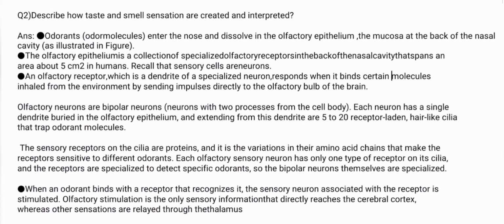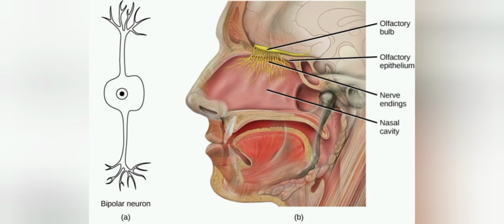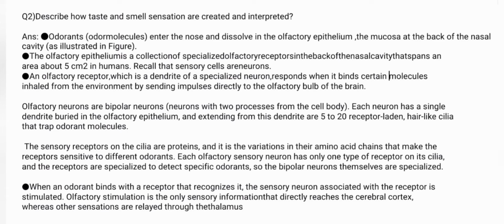The second exercise question is to describe how taste and smell sensations are created and interpreted. The answer to the question is, odorants or the odor molecules enter the nose and dissolve in the olfactory epithelium, the mucosa at the back of the nasal cavity, as illustrated in the figure.